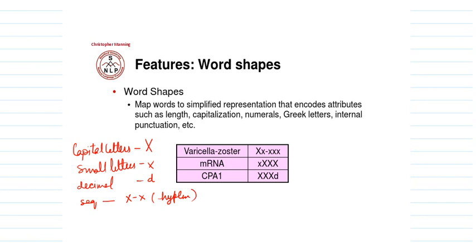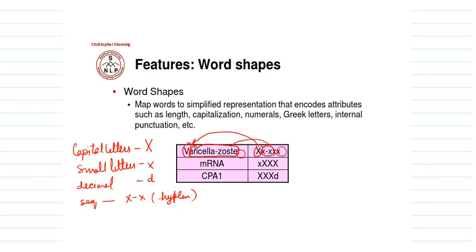Right, so in this first example, we have a capital letter which is starting, so we have this, right? And then we have a lot of small letters, so they can be represented by this hyphenated small x, and then this last one can be represented with this.